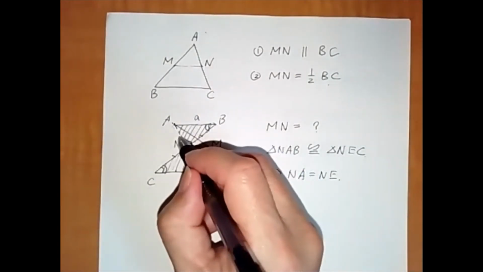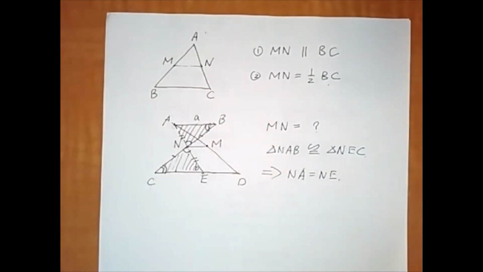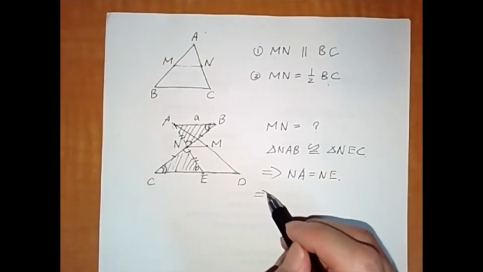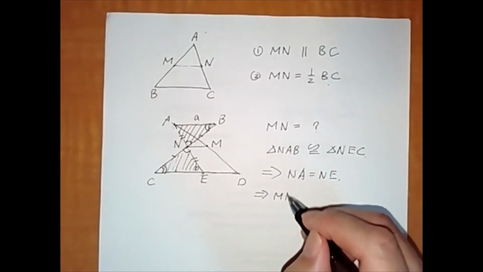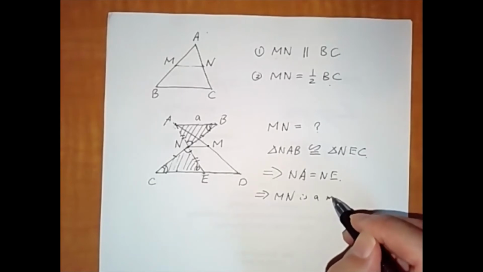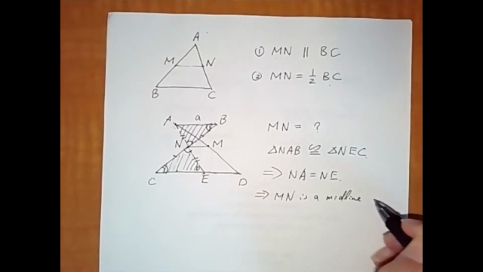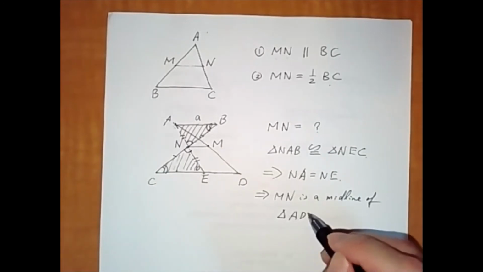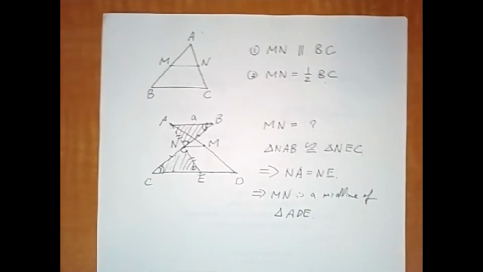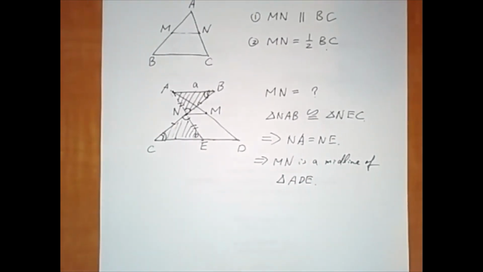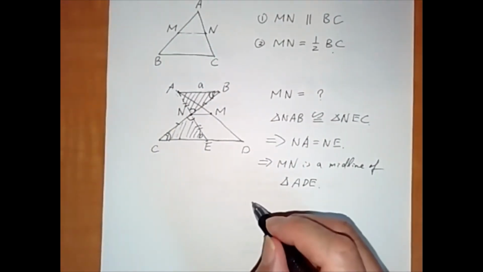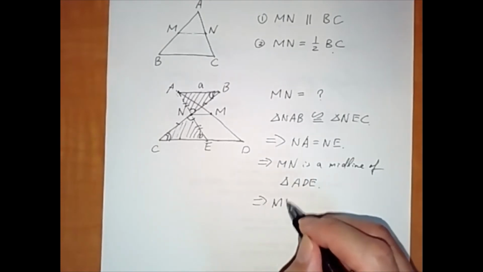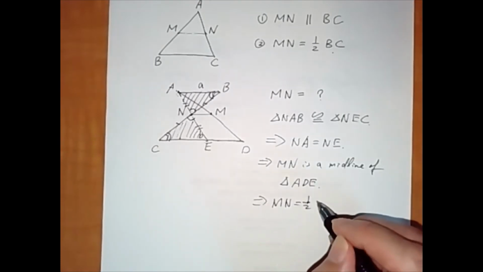That means this equals this, which means MN is a midline of triangle ADE. So MN is 1/2 of DE.